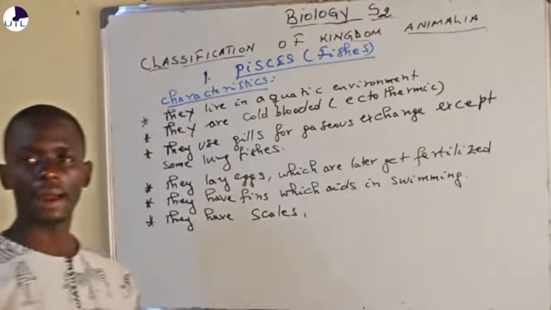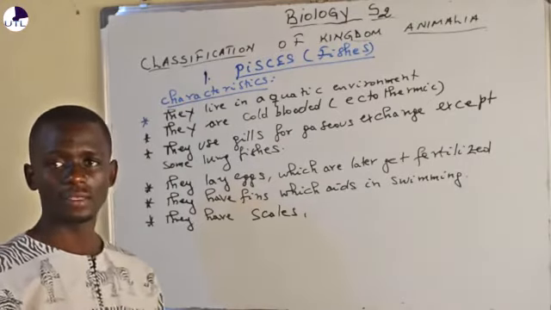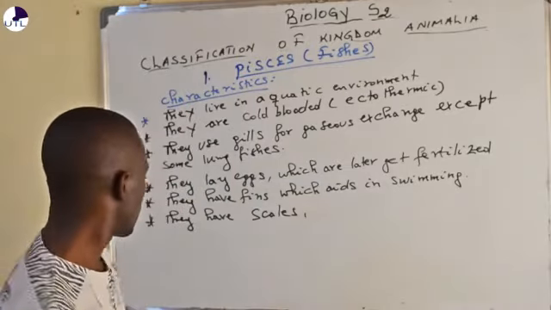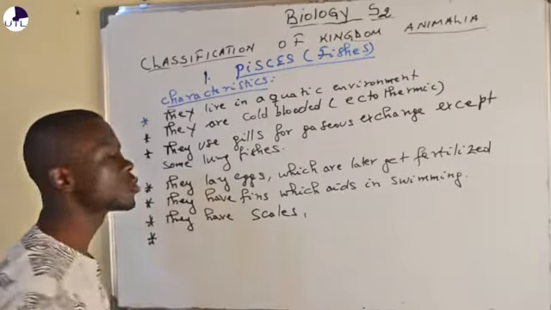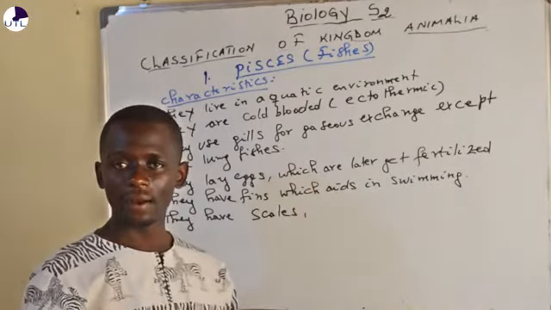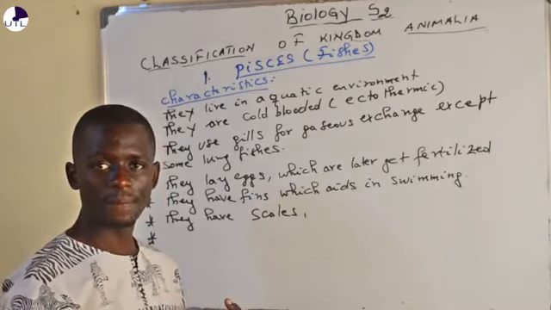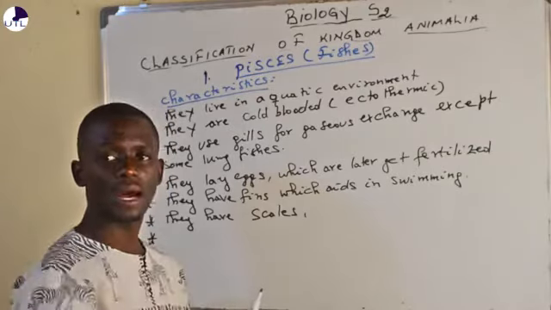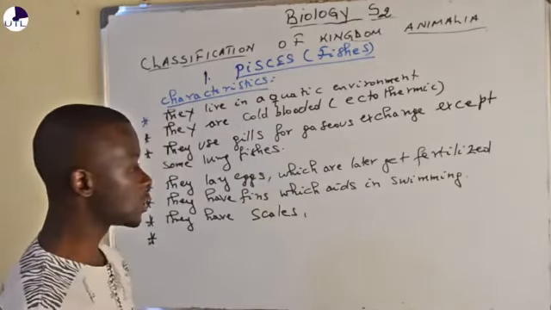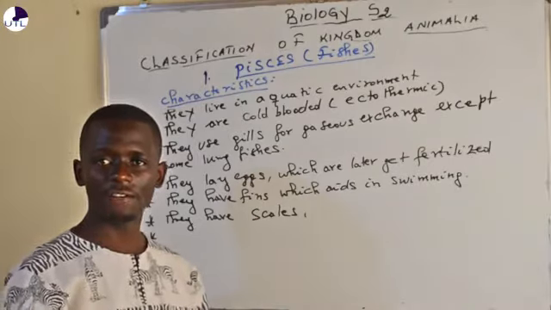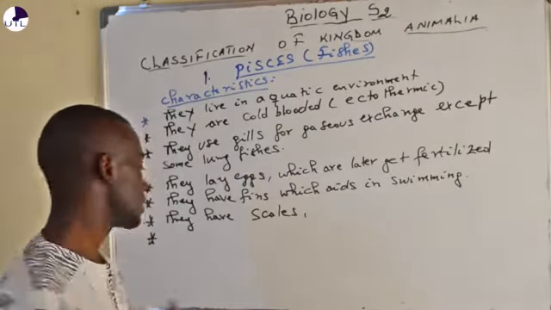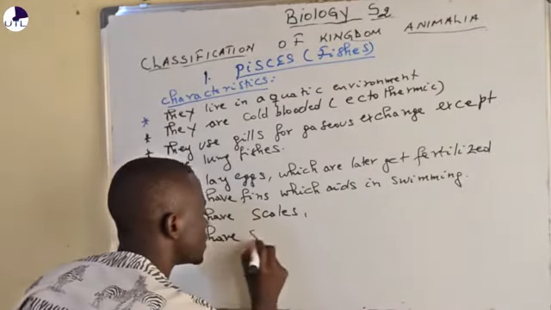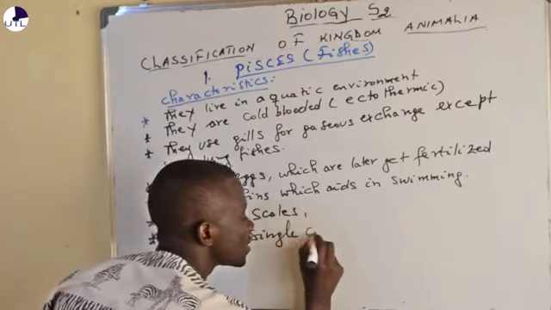The scales are usually pointed backward so that they help in free flowing in water. These organisms also have a circulatory system which is single, which means blood passes once in the heart for the complete circulation. So we say they have a single circuit circulatory system.